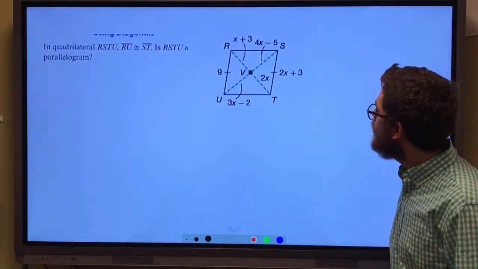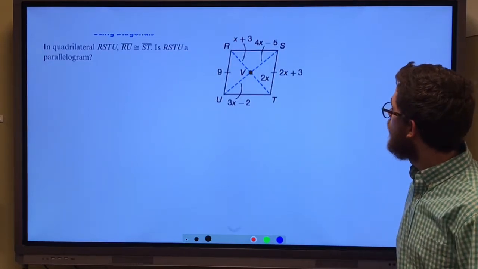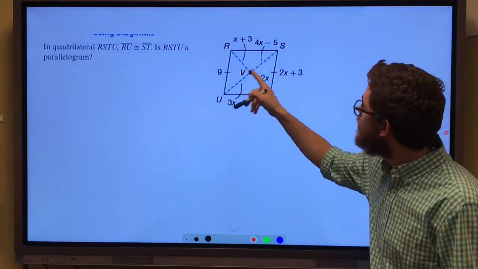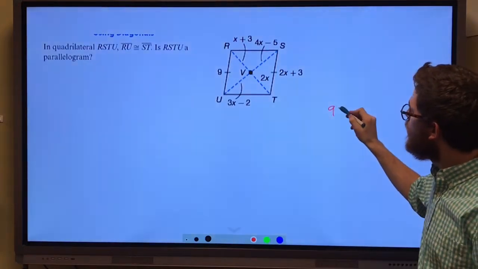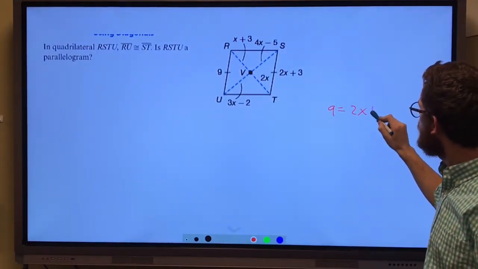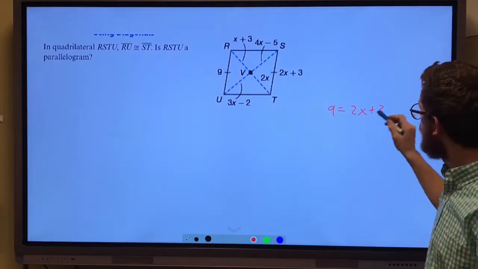Here, once again, we have a quadrilateral. Is it a parallelogram? Well, we see that these sides are congruent. So I know then that 9 must equal 2x plus 3. I can solve for x.